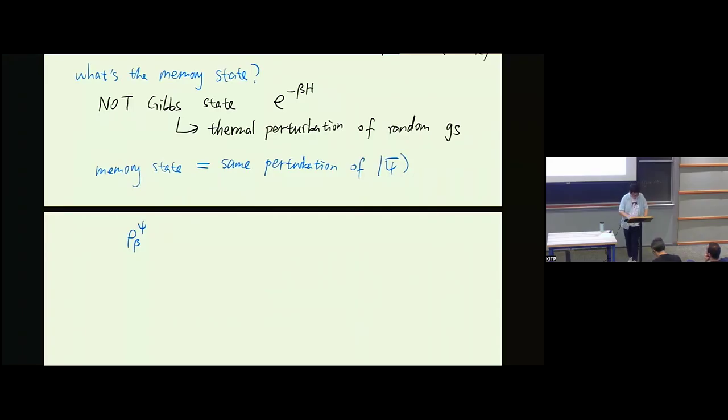Now, if we think about memory, it says that the quantum Gibbs sampler acting on the memory state will be able to keep it approximately unchanged for exponential time.